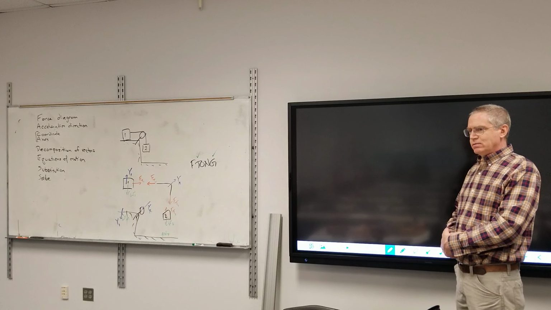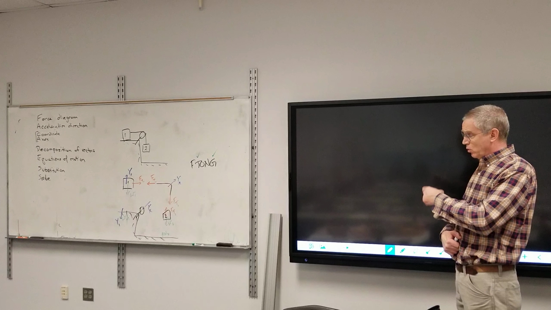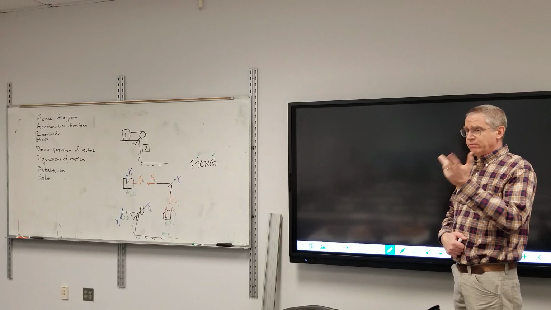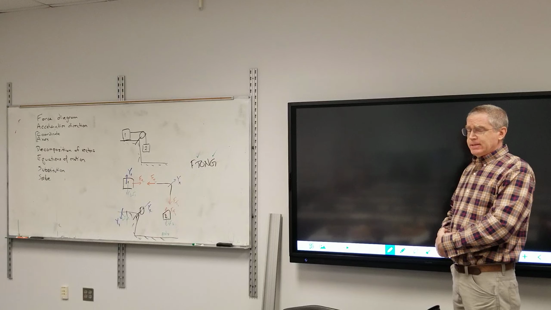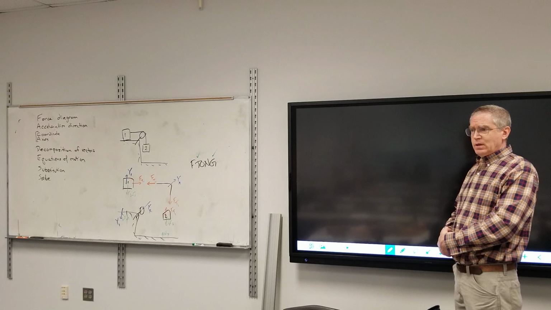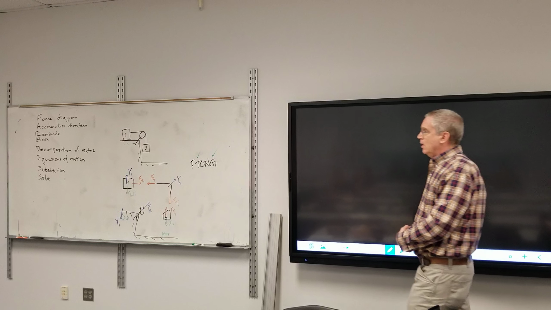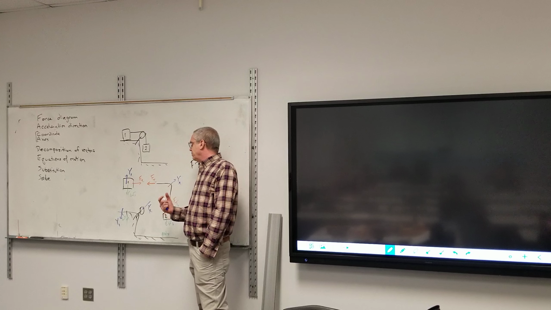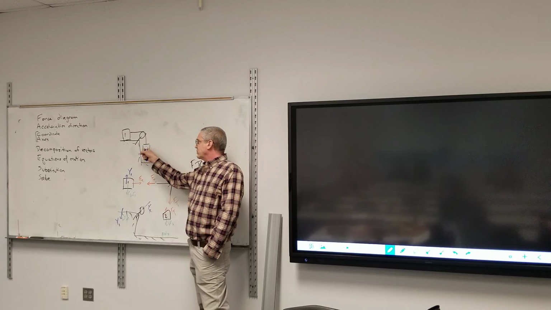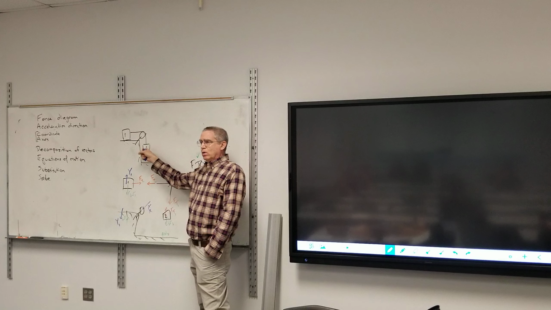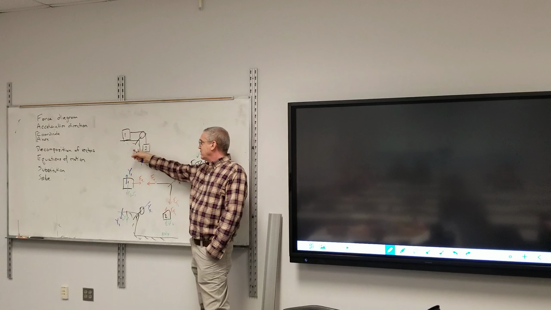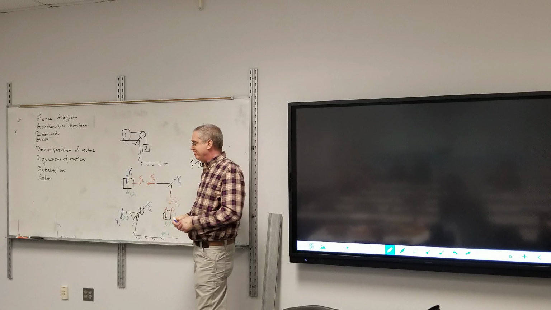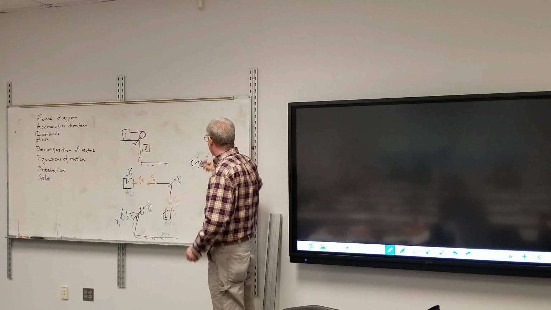Besides rope touching something, besides rope touching one or rope touching two, we've already taken care of that with tension. No. Probably the two biggest rookie mistakes I see here is some people will put a normal force up on two or to the right on two, but two is not touching the side, so no normal force there. We are done with normal force.